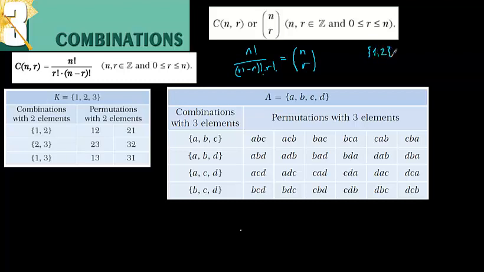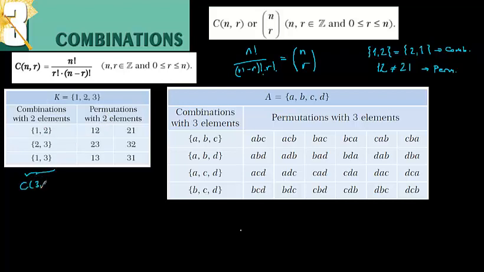1 and 2, when you are selecting for a set, is the same as 2 and 1, and there is no difference between them. But for the two-digit numbers 12 and 21, as you know, they are different. So the arrangement is important in the second one, and we use permutation there. Where arrangement is not important, we use combination.